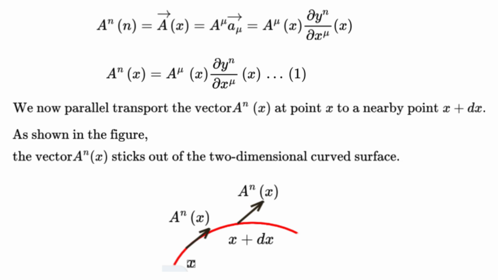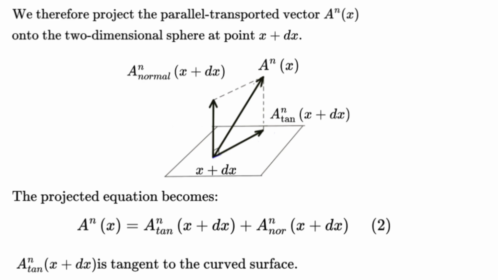We now parallel transport the vector a^n(x) at point x to a nearby point x plus dx. As shown in the figure, the vector a^n(x) sticks out of the two-dimensional curved surface. We therefore project the parallel transported vector a^n(x) onto the two-dimensional sphere at point x plus dx.